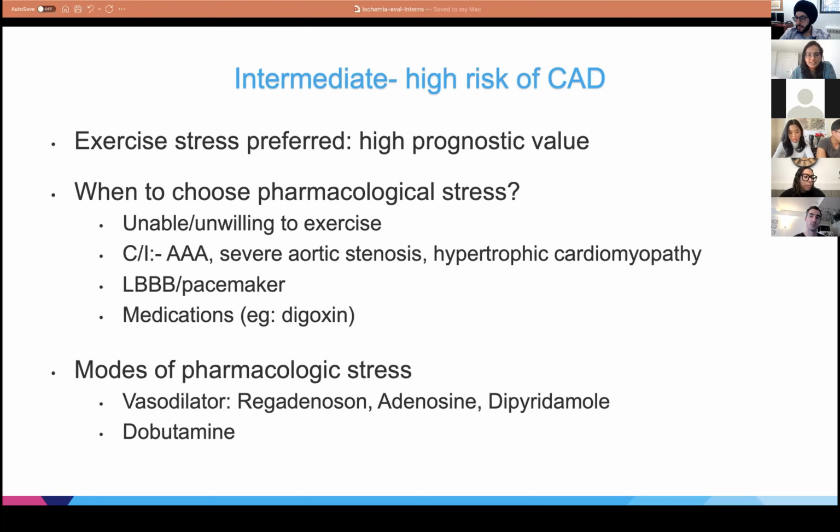It's a good agent, but patients often complain a lot because it causes more palpitations. It's not a pleasant agent. So that's why dobutamine stress is not favored unless the patient has severe asthma or something that means we cannot use these other vasodilators. So if you need pharmacologic stress, we prefer a vasodilator pharmacologic stress.